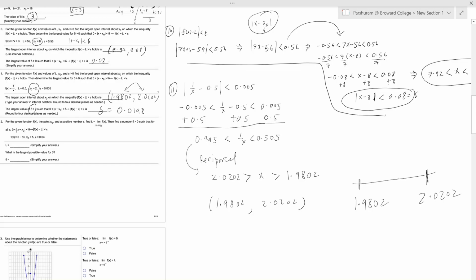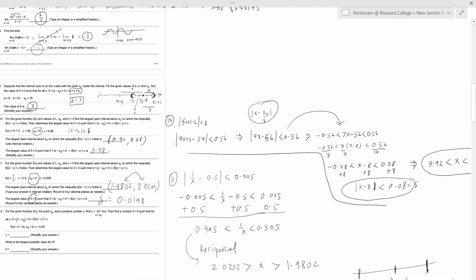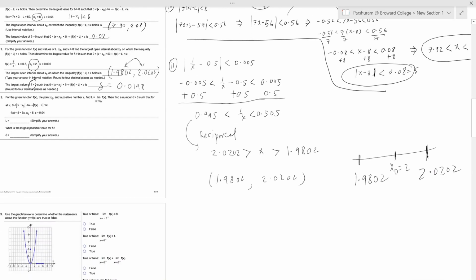to 2.0202, and if we have to create an open interval around x0, which is 2, and if we have to choose the delta, remember, if you go back to problem 9, the way we choose the delta, we have to do the same thing here.